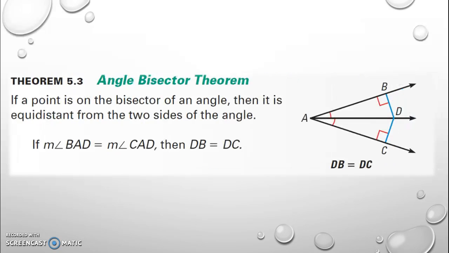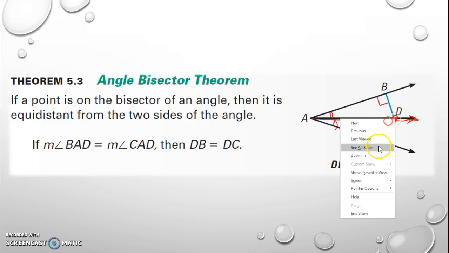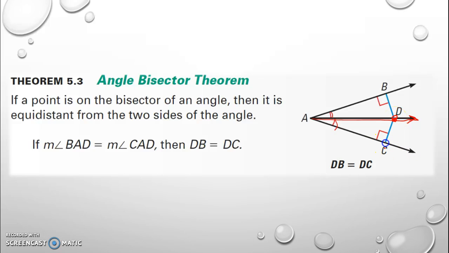Okay. So in the angle bisector theorem, if a point is on the angle bisector, so bisector, of course, would be this ray that splits the angle into two congruent parts. If it's on that ray, so for instance point D, then it's the same distance from D back to C as it is D to B. So these will be congruent.